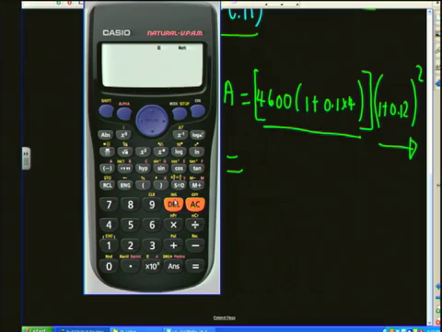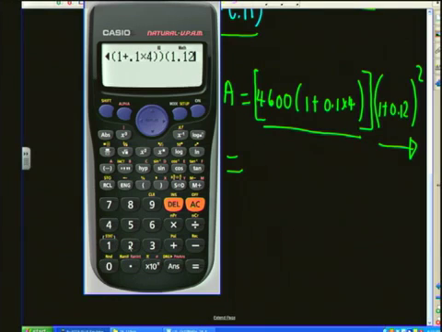Okay, so we're going to write in exactly what we see. We've got 4,600 Rand, simple interest, 1 plus 0.1 times 4, close brackets, and then close brackets again. That whole thing is going to be moved forward for 2 years at 12%, so it's 1.12.